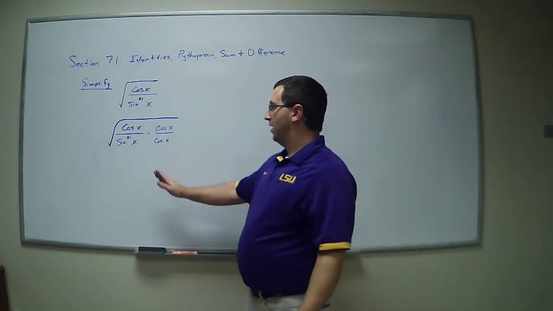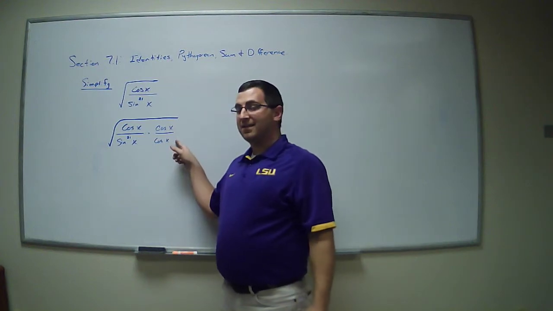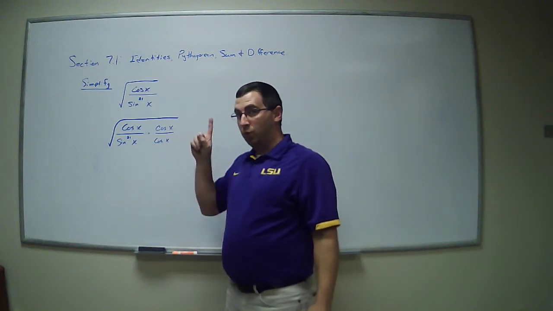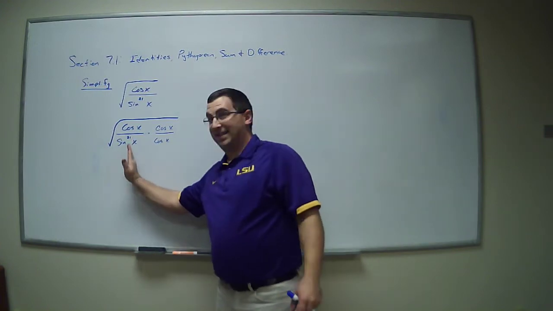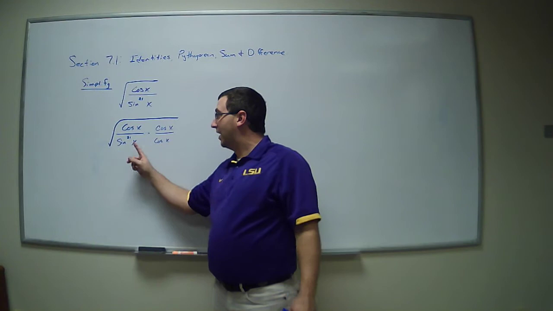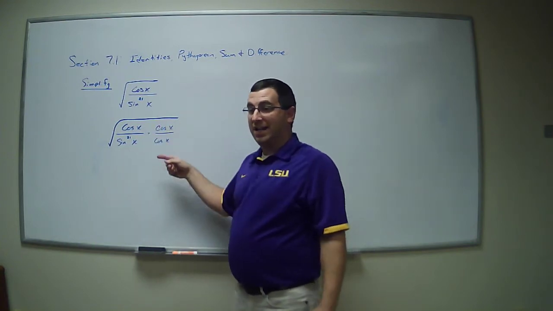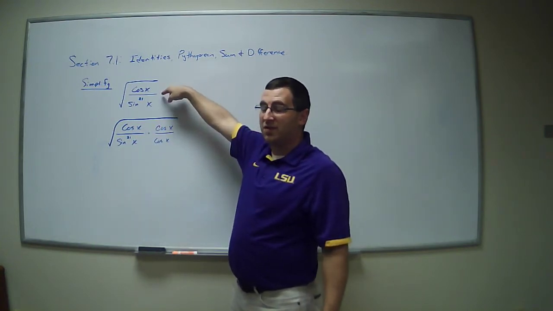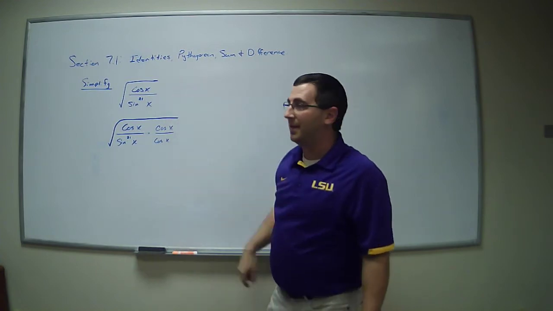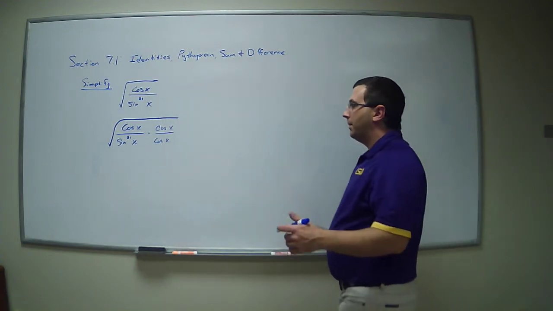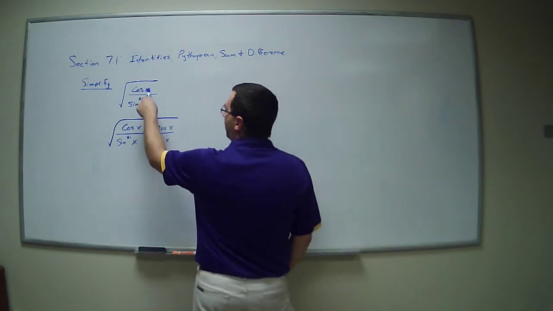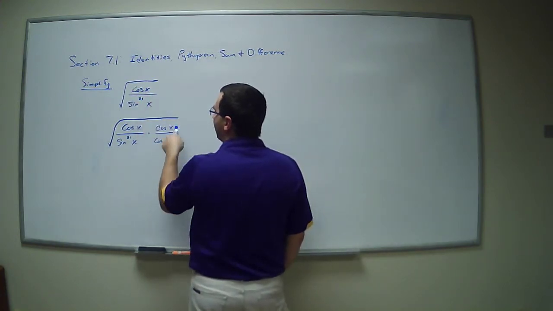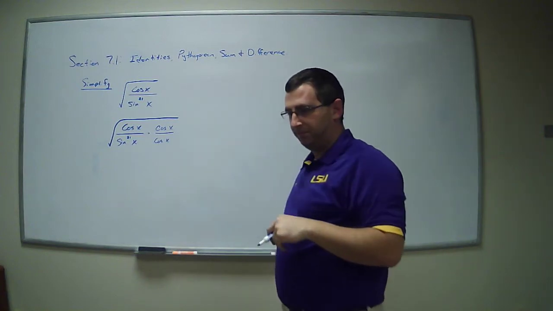Remember, this divided by this is 1. 1 times this is that same something. So this statement right here is still equivalent to this. It's still the same thing as that. So basically we're multiplying the radicand by cosine x over cosine x.